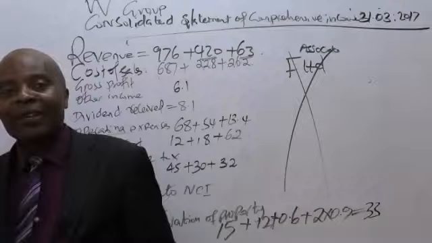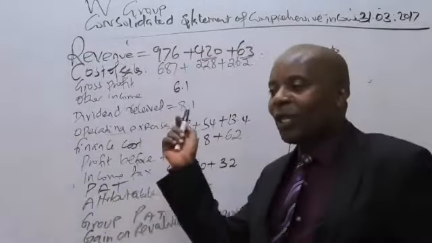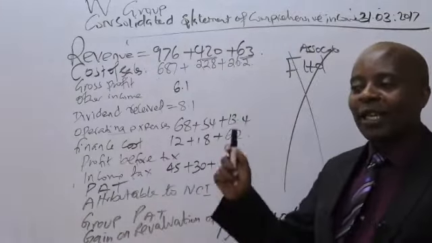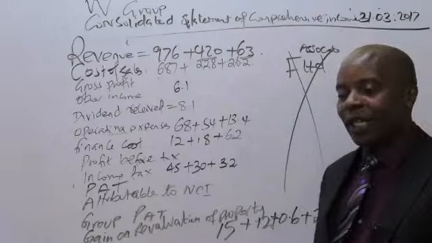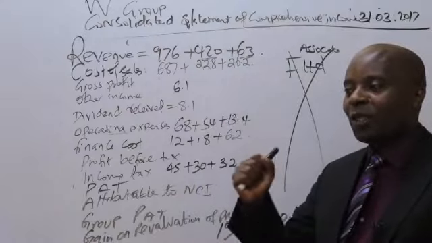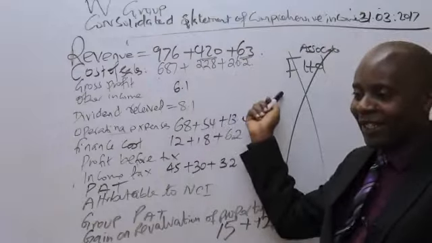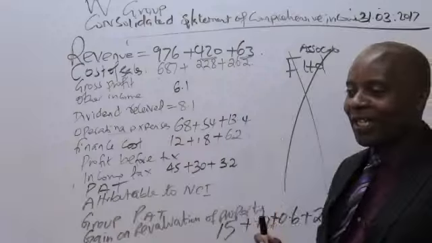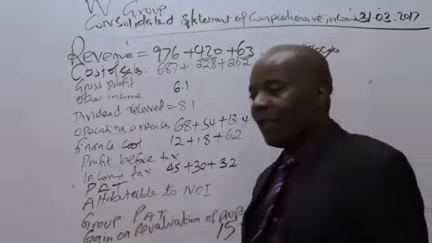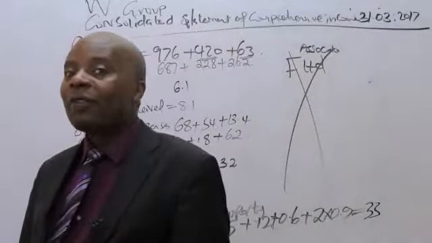But trust me, from my experience with financial reporting, once you have set your initial structure like this, even if the examiner blows a whistle and tells you that you are left with 5 minutes, you pick your calculator and add these figures very fast. And if you do that, you can't get a 0, because there are many figures here which will never change.